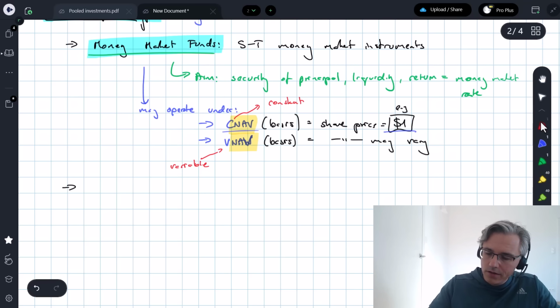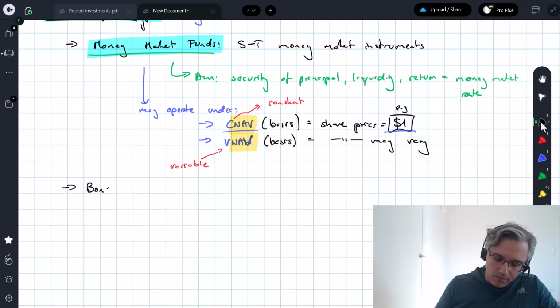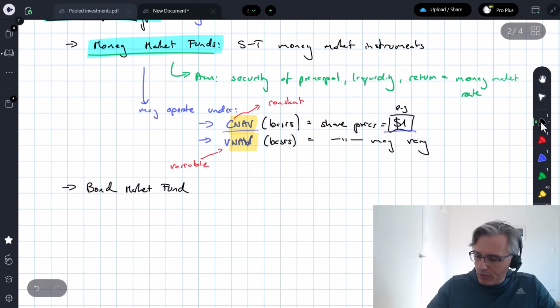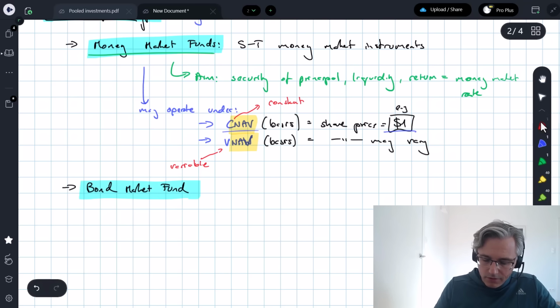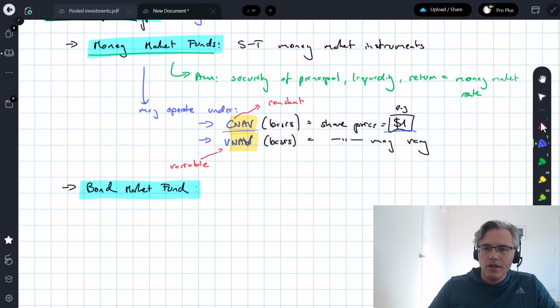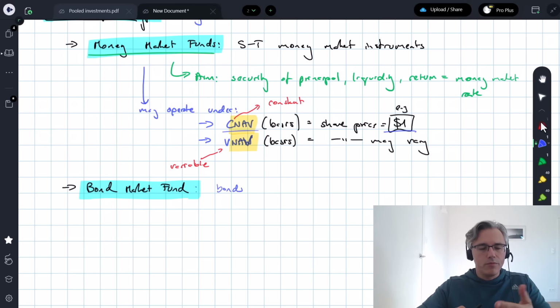The next one, although your book doesn't say anything really meaningful about these, is bond market funds. I mean, you should by now probably know a bit about bonds. I'm assuming you may have had an opportunity to study fixed income to some extent. So these are funds which hold bonds, government, corporate, and there are specialist funds holding only treasury or only corporate bonds.